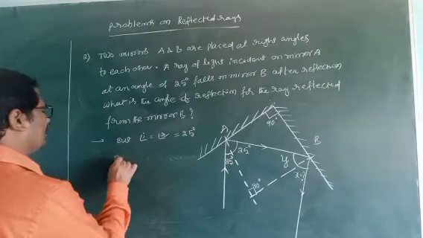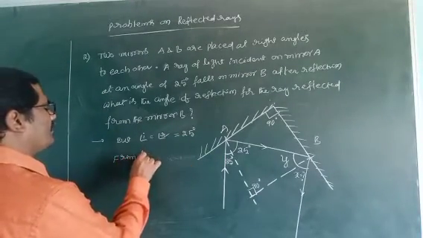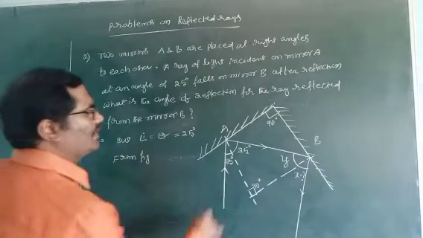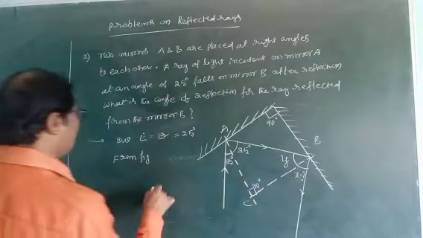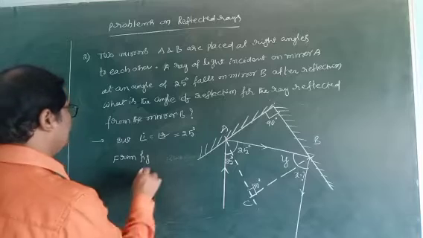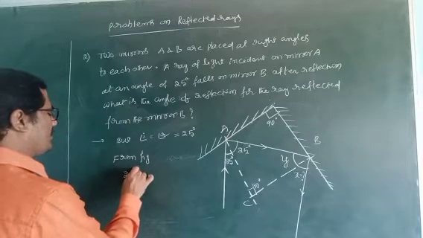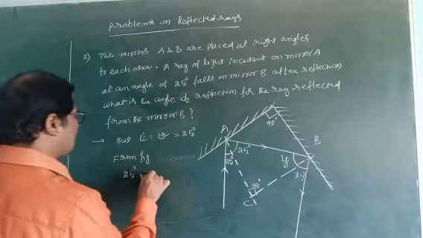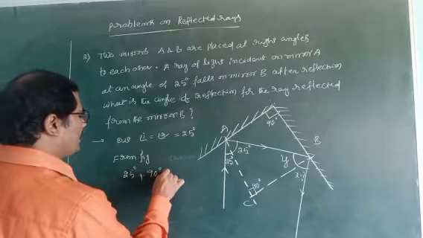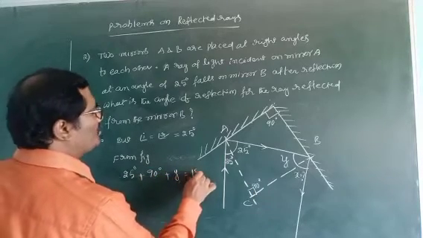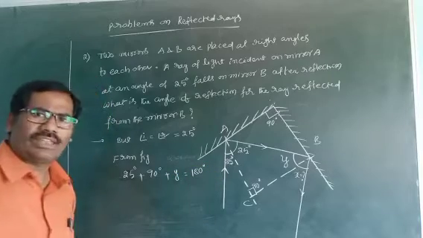From the figure, ABC is a right angle triangle. The sum of the angles: 25 degrees plus 90 degrees plus y is equal to 180 degrees.